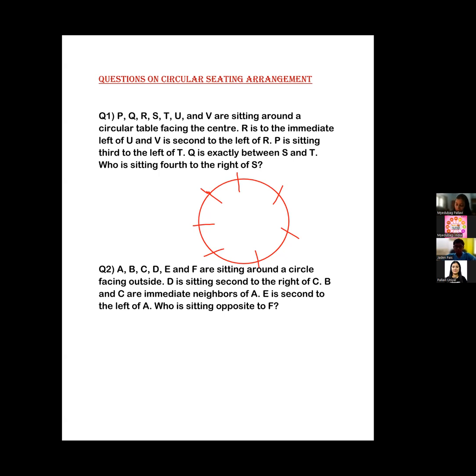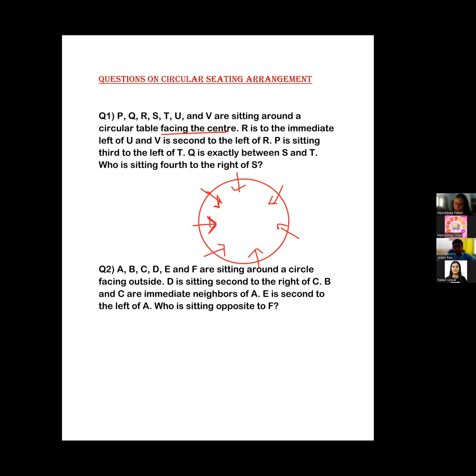What else is given? That they are facing the center. So we'll draw arrows facing inside. Is that much fine? Okay.